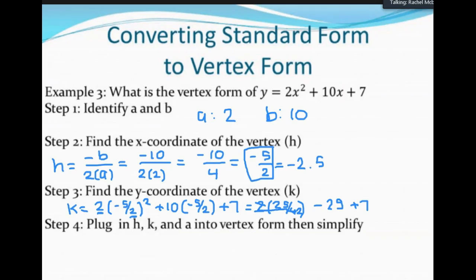So that gave you 12.5 minus 25 plus 7. So that's negative 5.5 or negative 11/2.